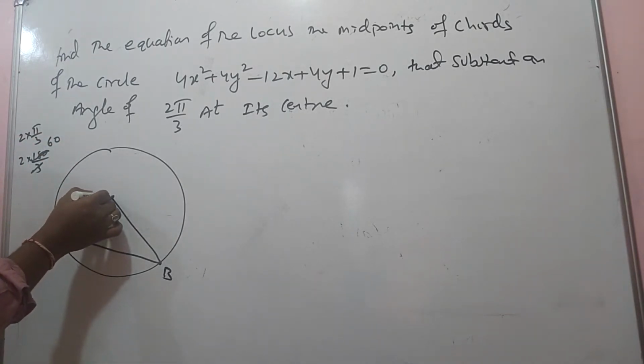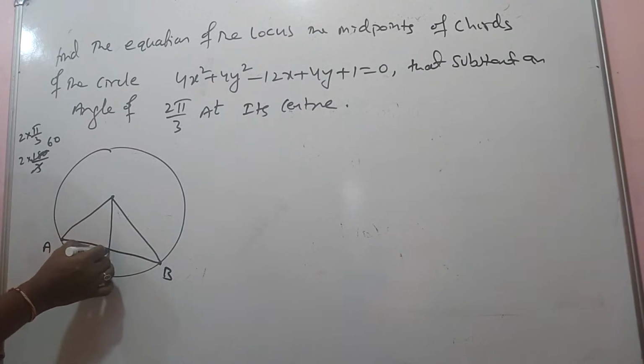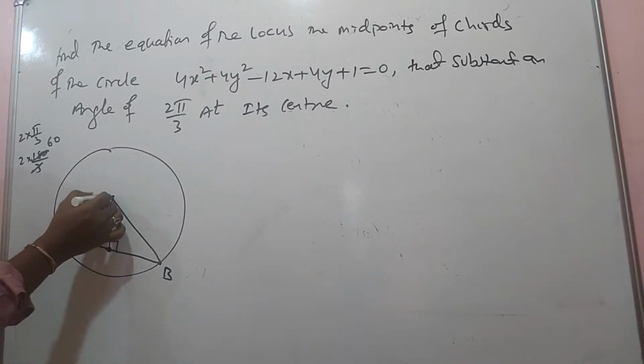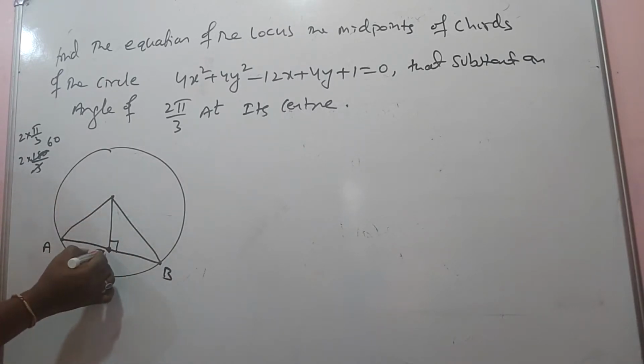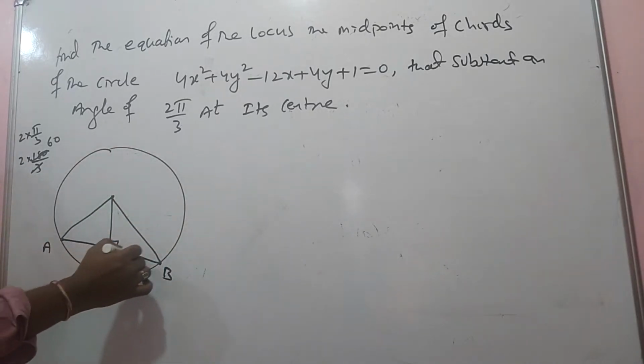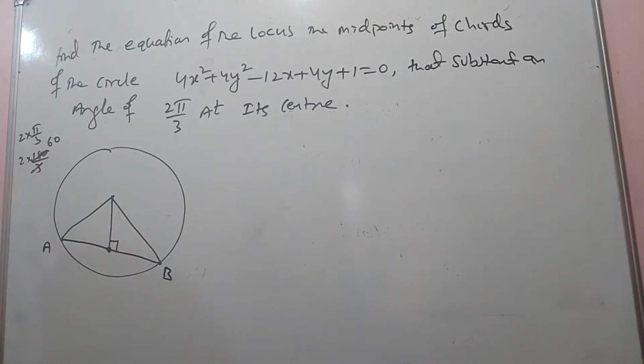So when I drop a line, it will be perpendicular and it will be at the midpoint. All the midpoints, if you join them, form another circle.